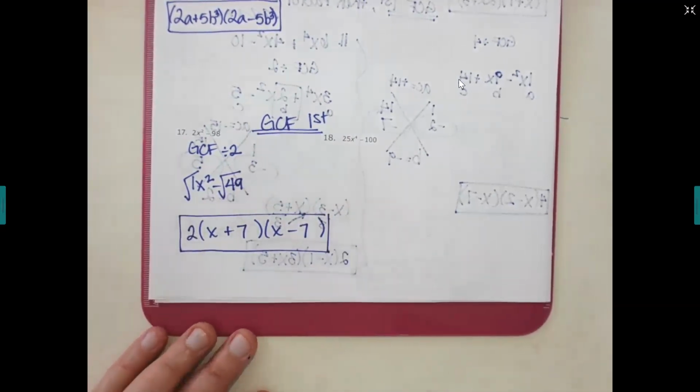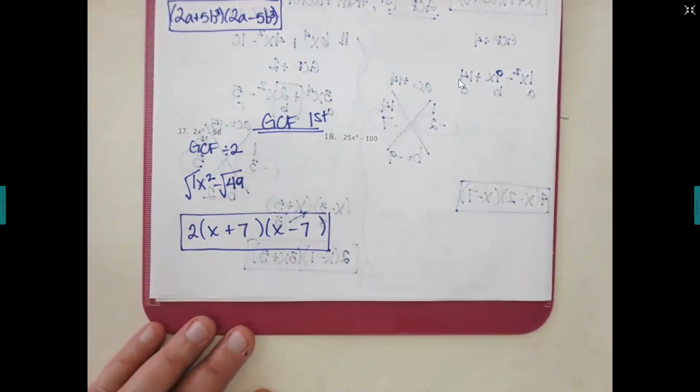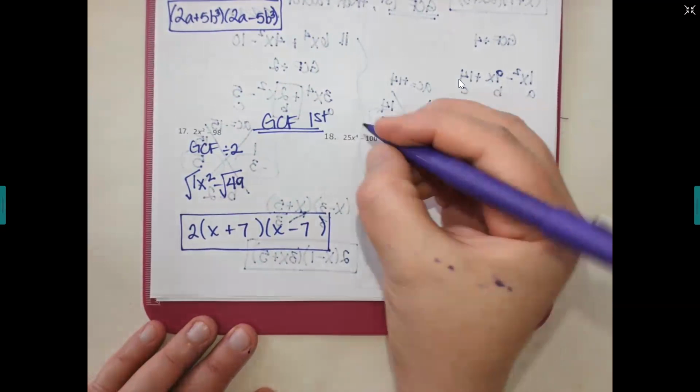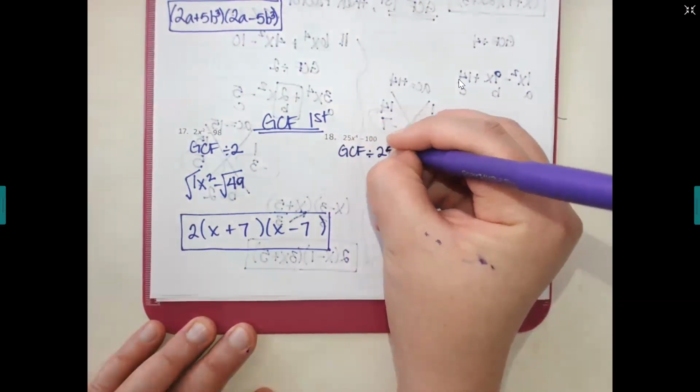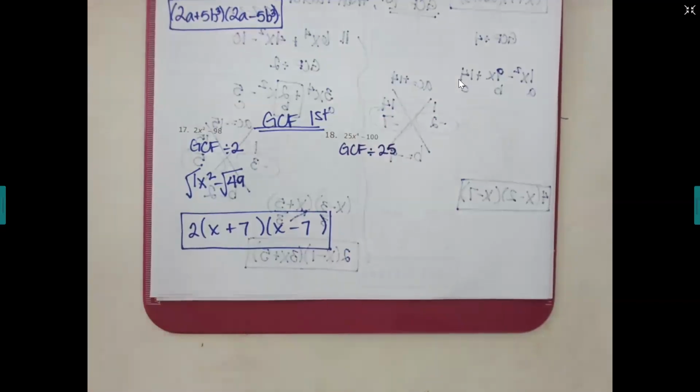All right, last one like that. Take a look at number 18. Should I square root that right now? No, not if there's a GCF. What can they both divide by? 25. And they can also both divide by 5. But remember, you have to pick the biggest thing they have in common. So I'm going to divide that 25 out.